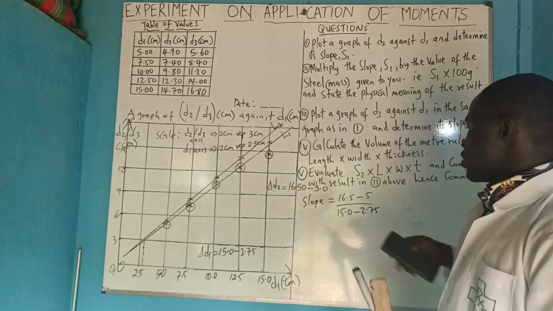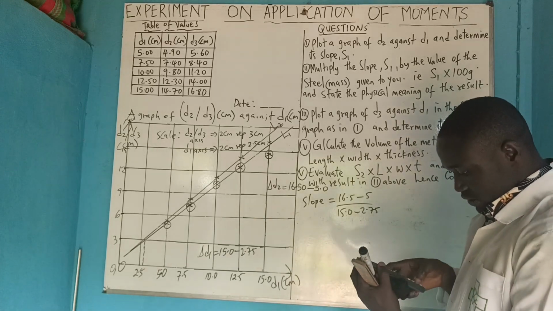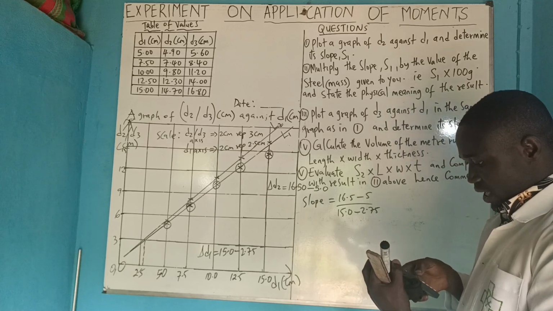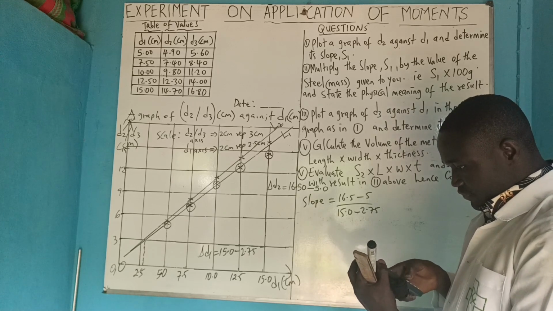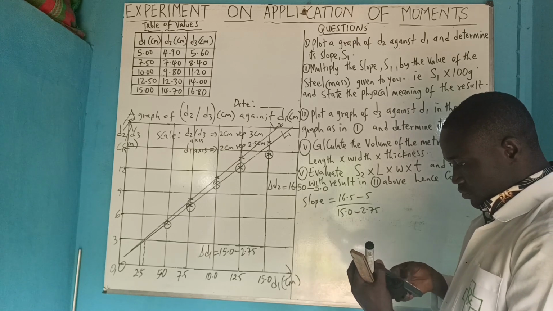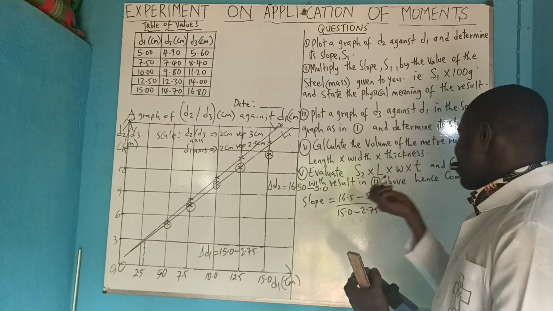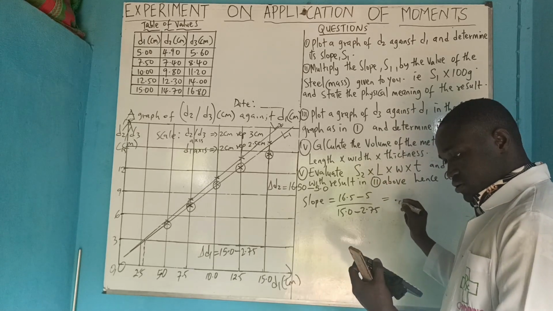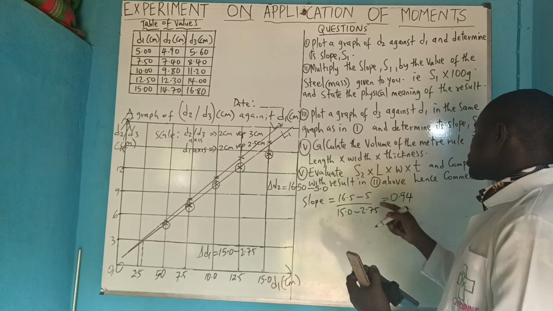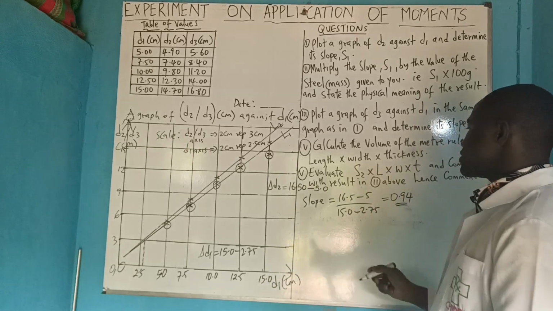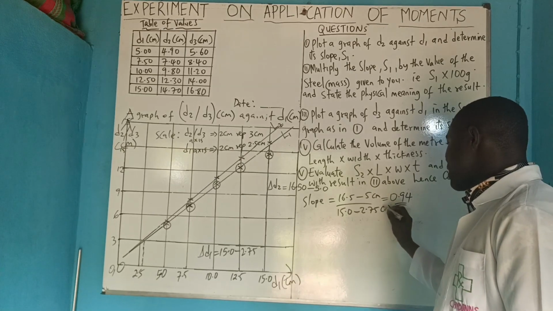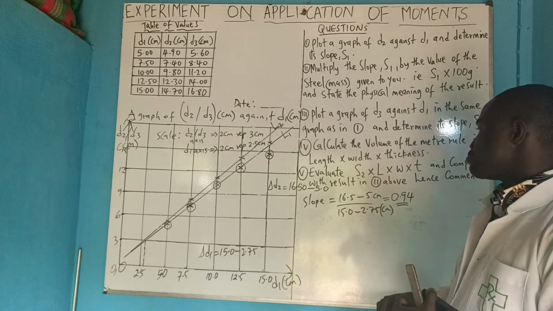You press it in your calculator: 16.5 minus 5 divided by bracket 15 minus 2.75. You will have 0.94, no unit. No unit because here is centimeter and here is centimeter. They will cancel out.